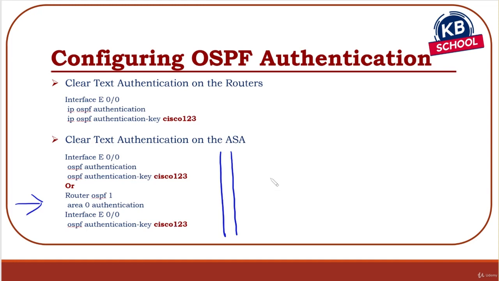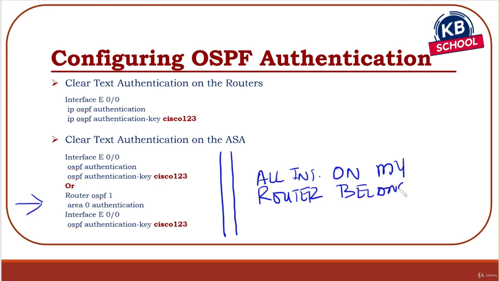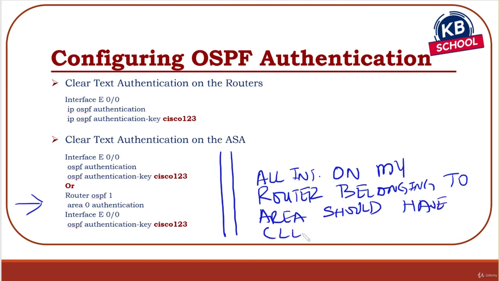All this means is all interfaces on my router belonging to area 0 should have clear text authentication.